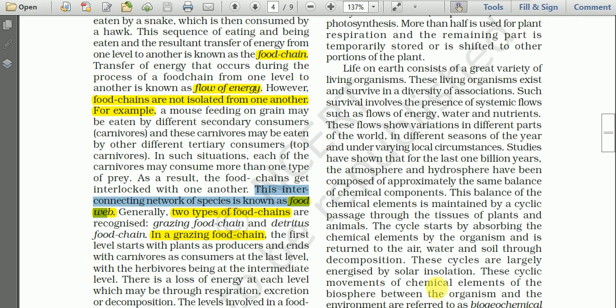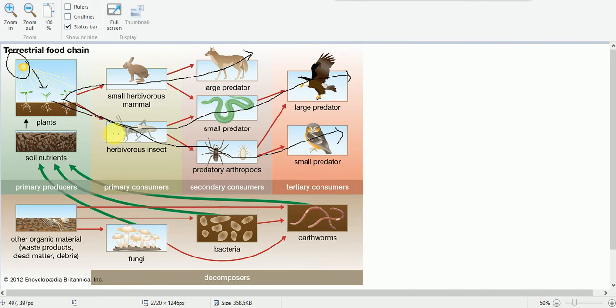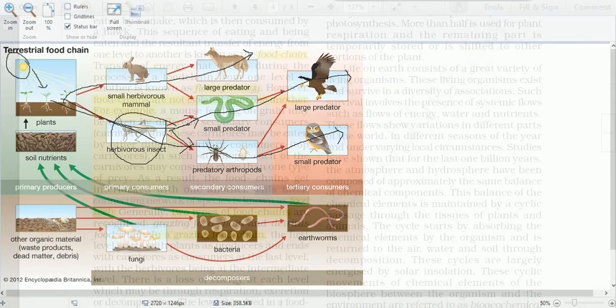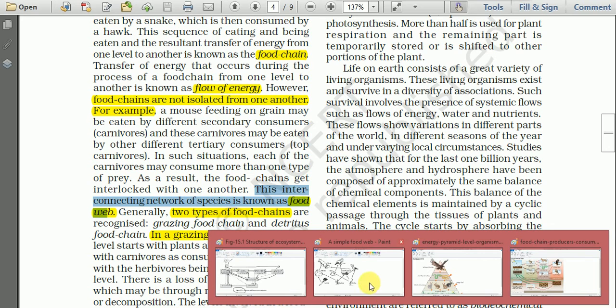Just as we discussed here, in this case, for example, insects are eaten by these consumers. Because of this we have these interlocking food chains as given here.